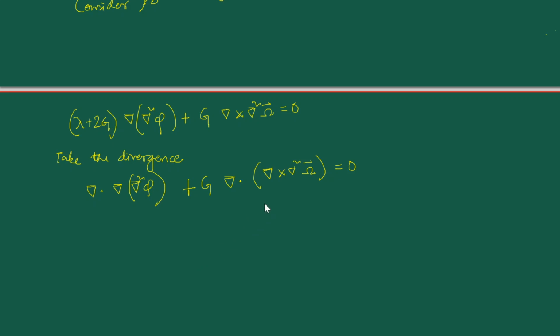First of all, despite the complicated looking structure here, you can expect that these operators commute among themselves. Well, I shouldn't say commute among themselves, but at least what you can see here is that this divergence, which is sitting completely outside, will ultimately be operating on this thing. And we have already seen that the divergence of omega is considered to be equal to 0. So this entire term goes to 0.